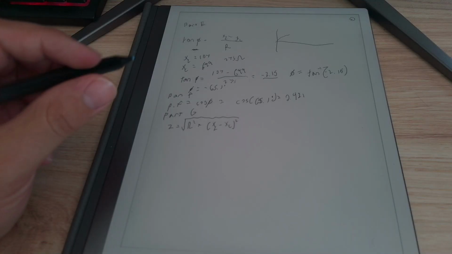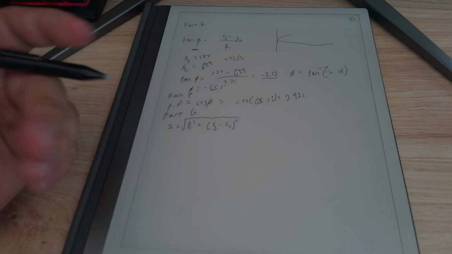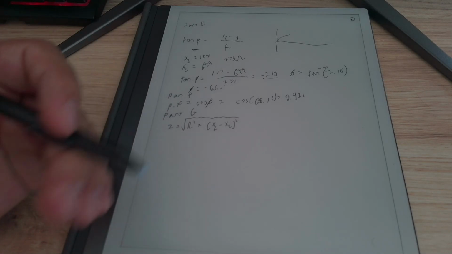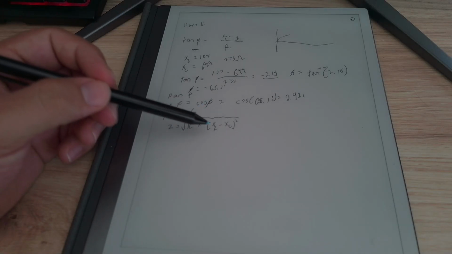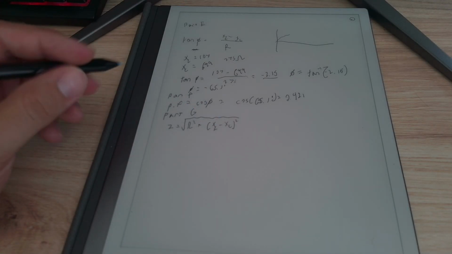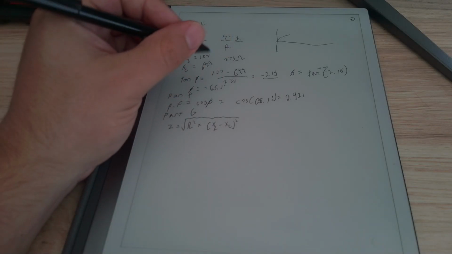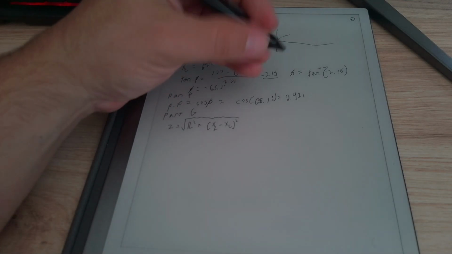The impedance is pretty much the vector sum, like the Pythagorean theorem. But X L and X C are on the same line, so they need to be subtracted so that they're at the same angle. Then we get our vector sum here.